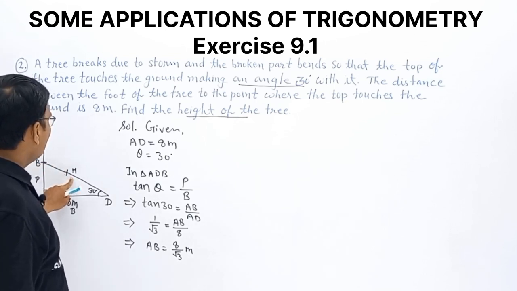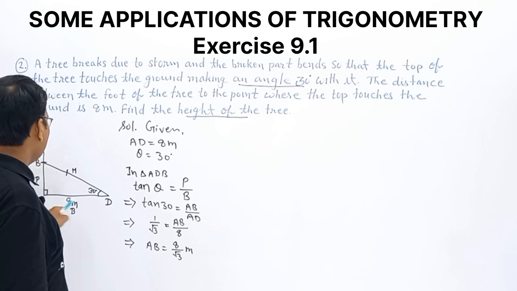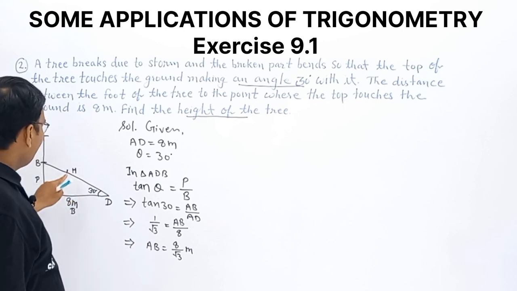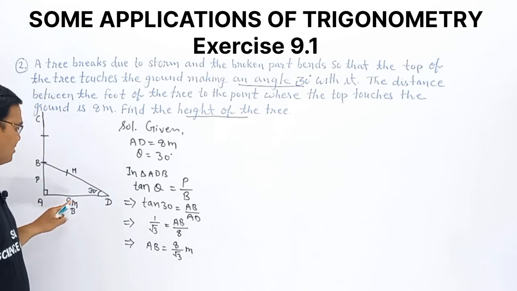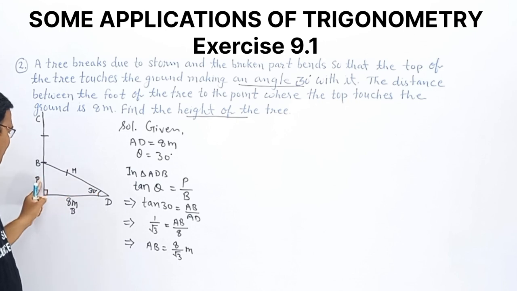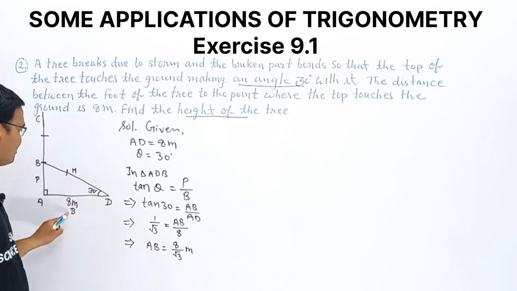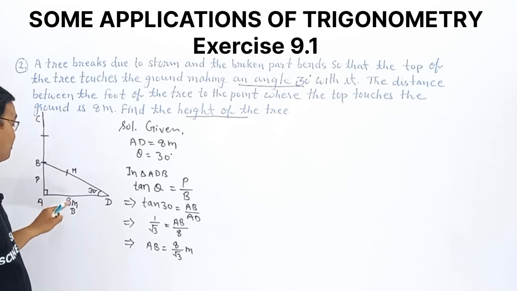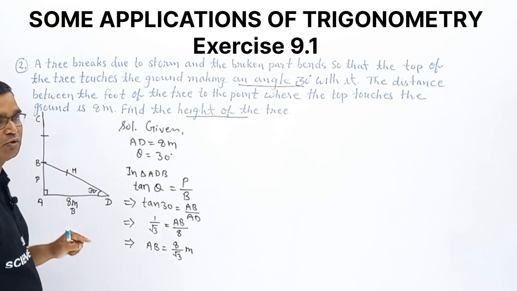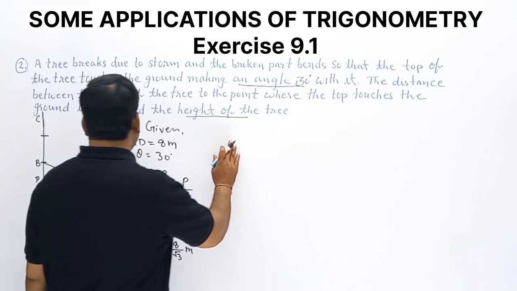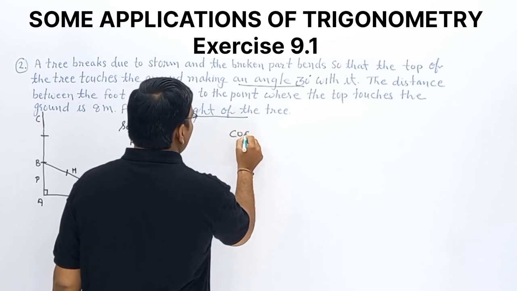So we require the hypotenuse value. In this triangle, what will be the hypotenuse? We are having the base. This is the acute angle; its opposite will be the perpendicular and its adjacent will be the base. We require the hypotenuse, so base upon hypotenuse will be cos theta.